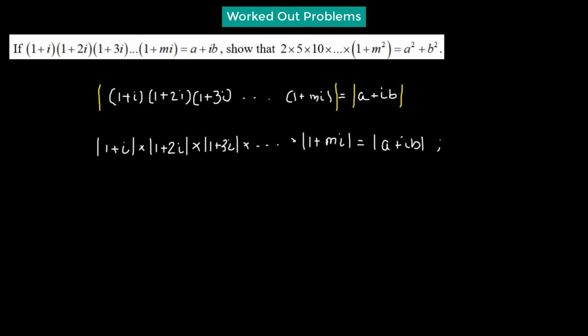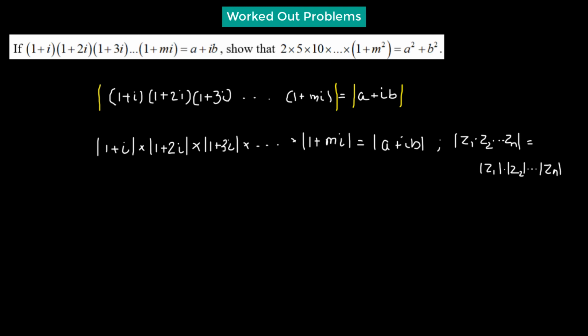So the property that we have used is that the absolute value of z1 times z2 up to zn is equal to the absolute value of z1 multiplied by the absolute value of z2, all the way up to the absolute value of zn.